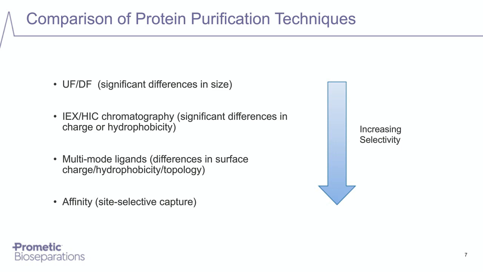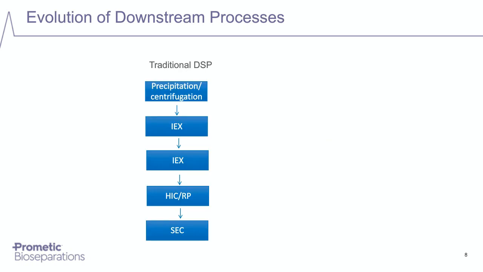So I'd just like to focus now more on the multi-mode ligands, and the way in which these have been used in downstream processes. Not too long ago, downstream processes were generally represented by a series of steps. Each step provided a progressive increase in purity. So it wasn't uncommon to use, starting with some kind of precipitation technique, then ion exchange, HIC, size exclusion, maybe affinity right at the end of the process, and eventually having a protein with the required purity.